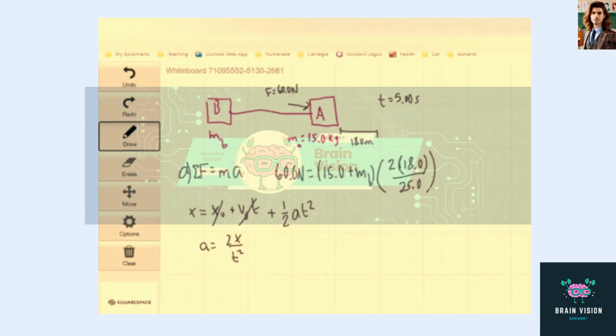Okay, so I solved this for m sub b, so it's going to be 15 plus m sub b is going to be 60 times 25 over 2 times 18. And then if I subtract 15 off of both sides, then I get m sub b.